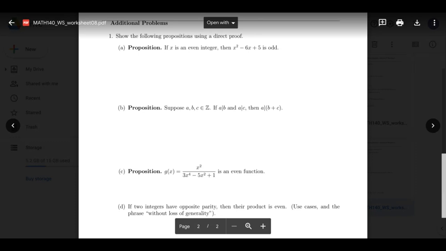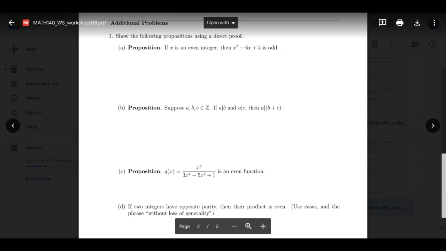The last one, 1d: if two integers have opposite parity, one is even and the other one is odd. So maybe one we can write as 2a, the other one we write as 2b plus 1. So 2a is an even number, 2b plus 1 is an odd number. We want to show that the product is even.